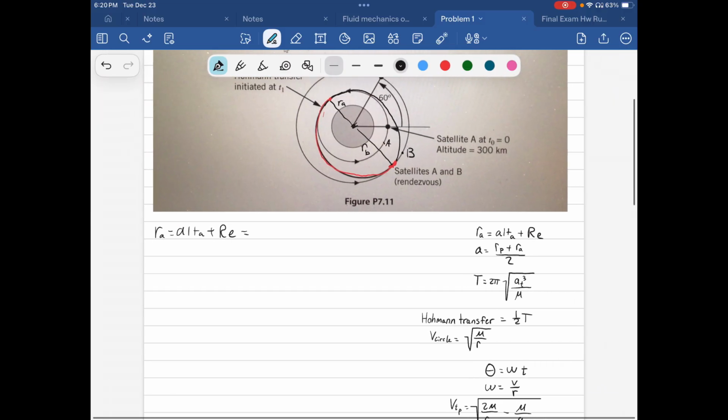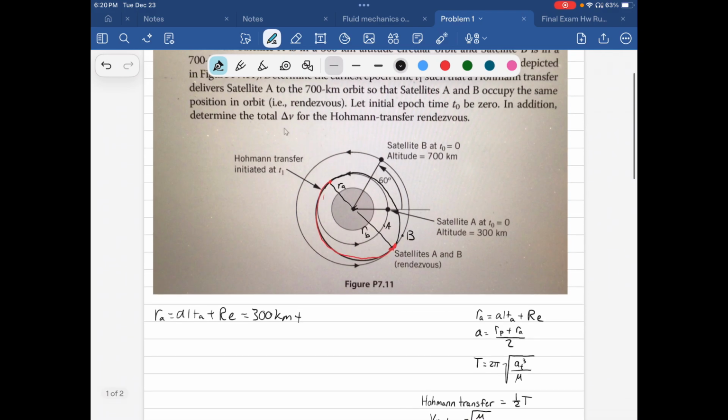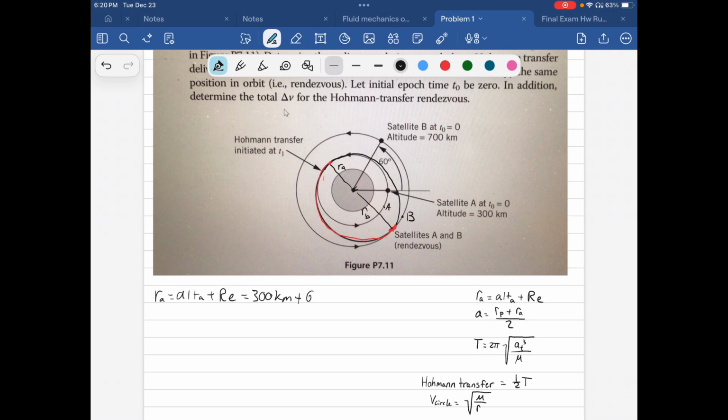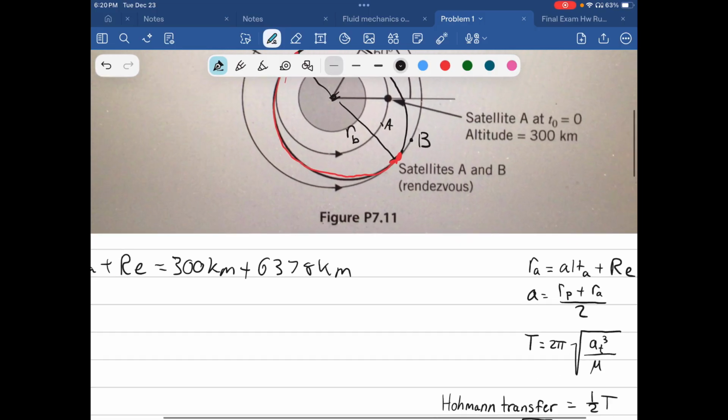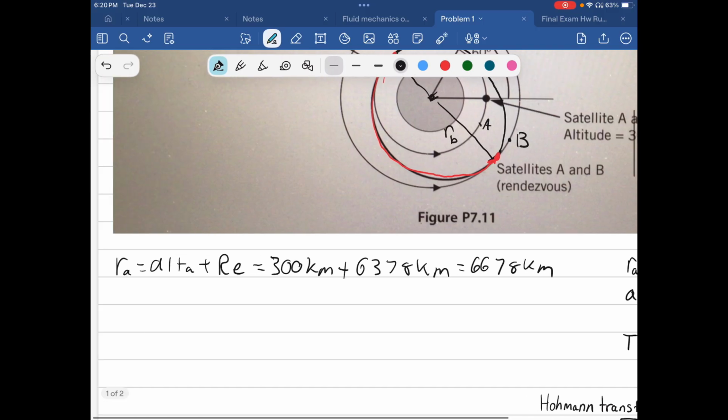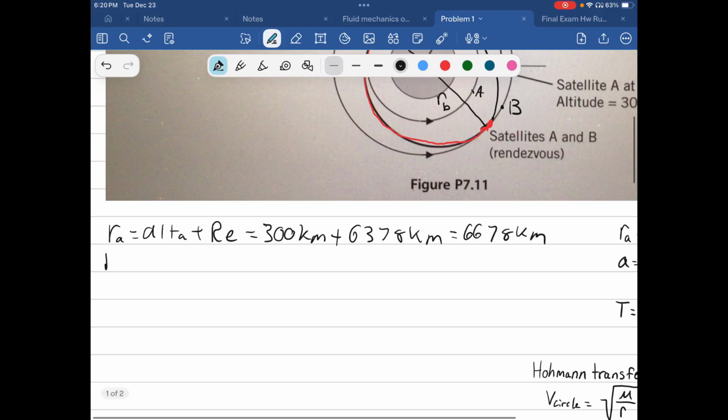And that's going to be 300 kilometers plus our radius of the Earth, 6,378 kilometers, giving us a total of 6,678 kilometers. So that's RA.